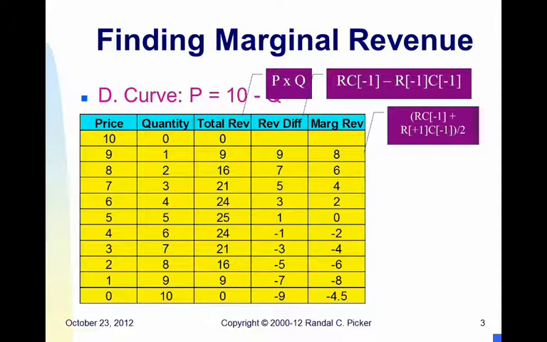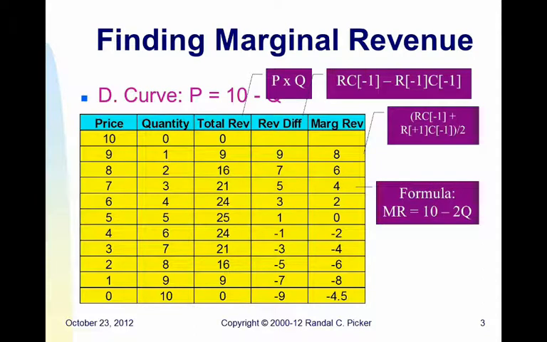So I'm calculating a kind of marginal revenue, trying to take into account that the revenue difference was calculated using 1 unit increments, while calculus and marginal revenue really demand smaller increments. And if you stare at that column of the spreadsheet and ask what the relationship is between the number I see here, let's say the 8, and my quantity, it turns out that's given by this formula. Marginal revenue equals 10 minus 2Q, and that's what we need.